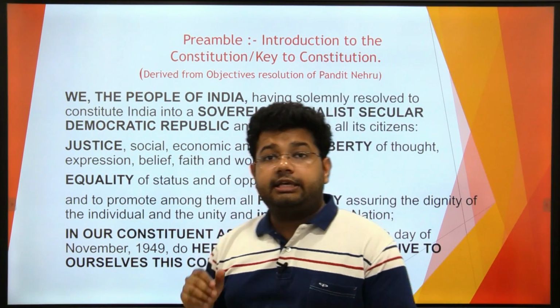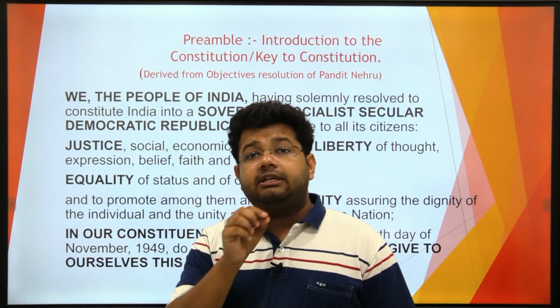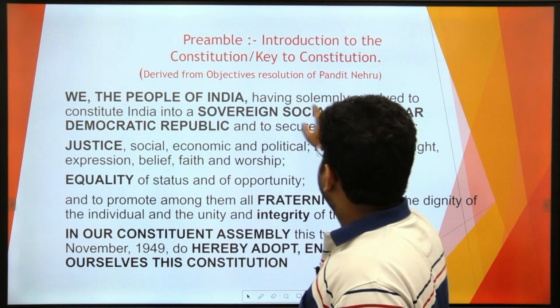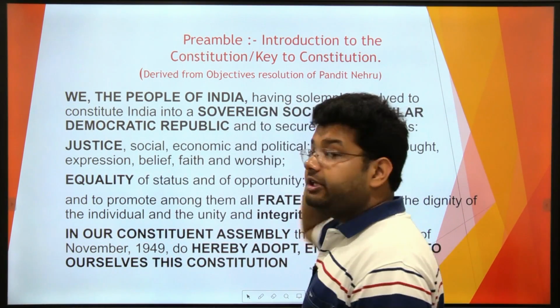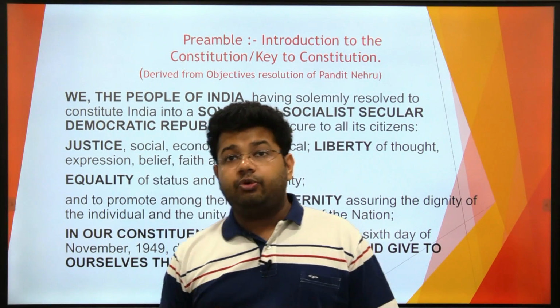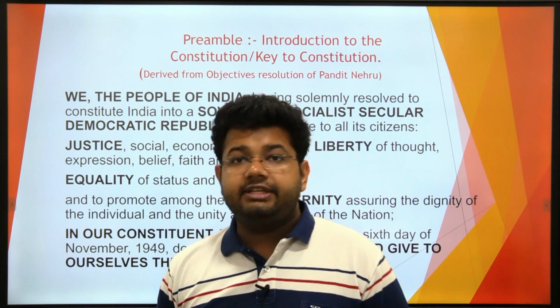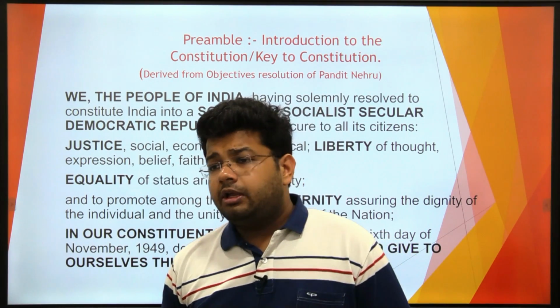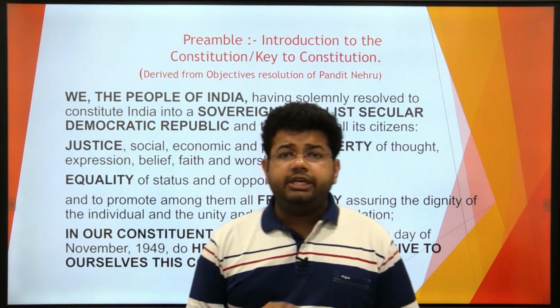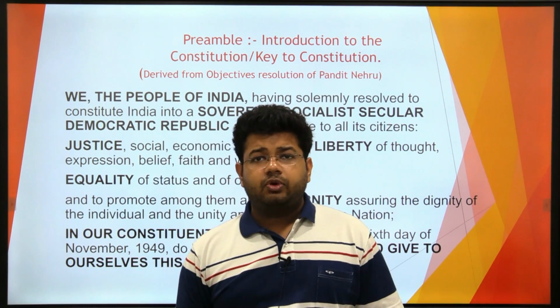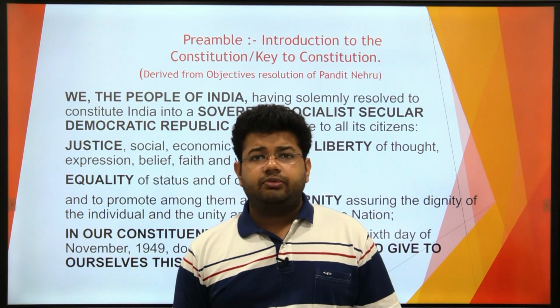They can ask you to tell the correct order in which sovereign, socialist, secular, democratic, republic is written. And therefore, we need to learn this very thoroughly. Because be assured that 1 or 2 questions will always be asked from this topic.